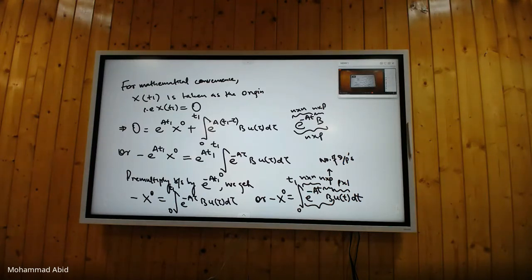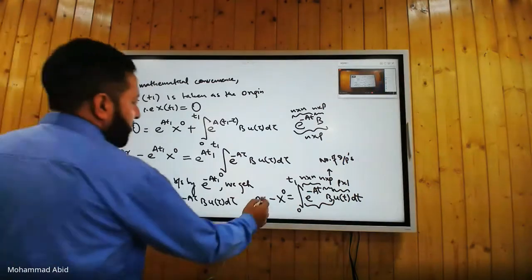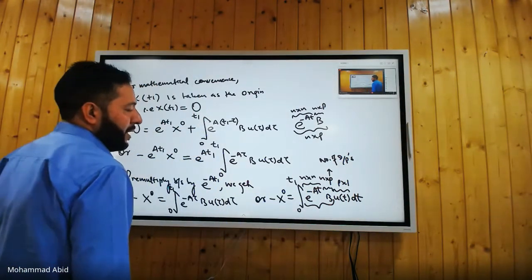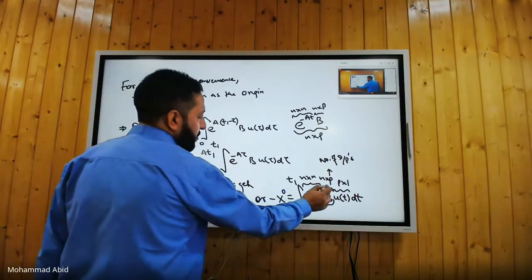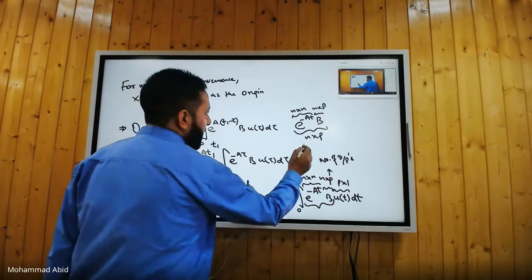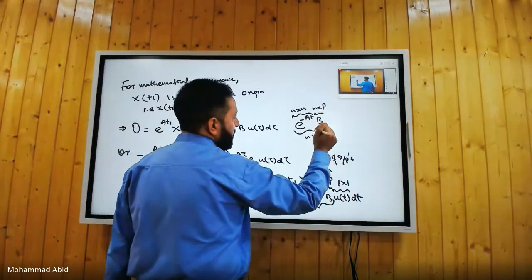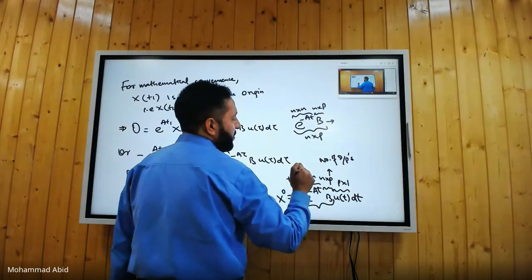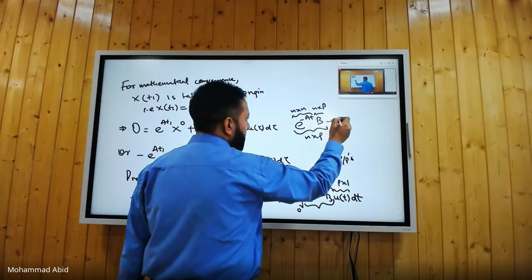So it will actually be an n cross p matrix, and the solution to this system of equations will actually depend upon the row rank of this matrix e^(-At) B, which is an n cross p matrix. So that means it will have n rows, p columns.